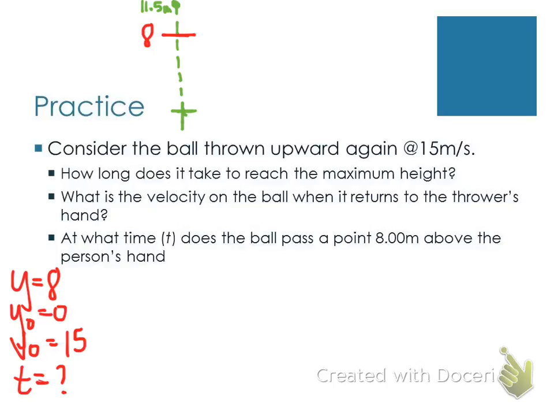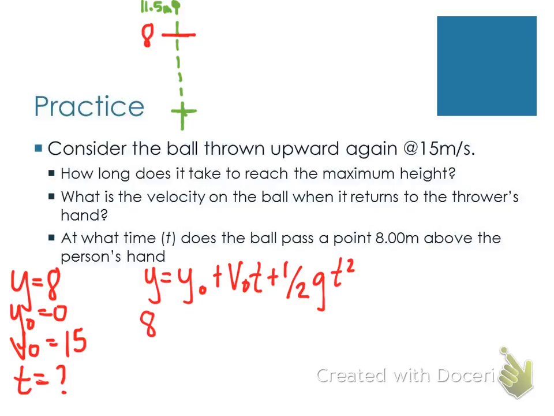So we have an equation that we can use, since we don't have final velocity, to solve for time, right? We know this is 8 meters because it's 8 meters above where we started.